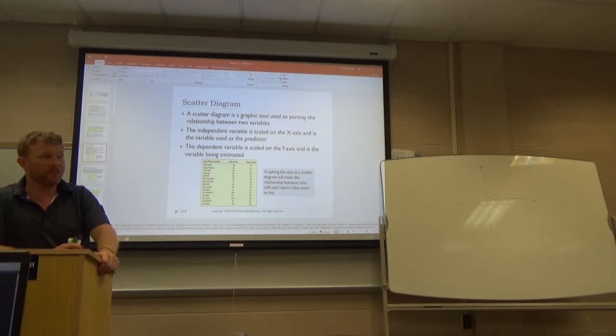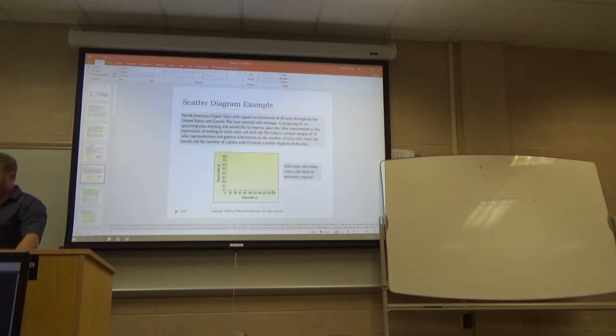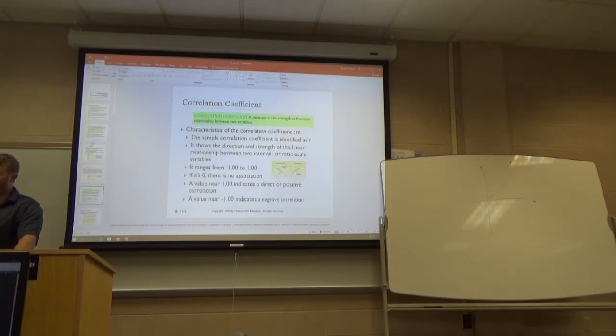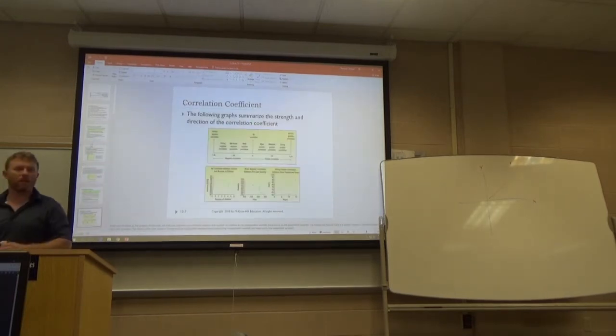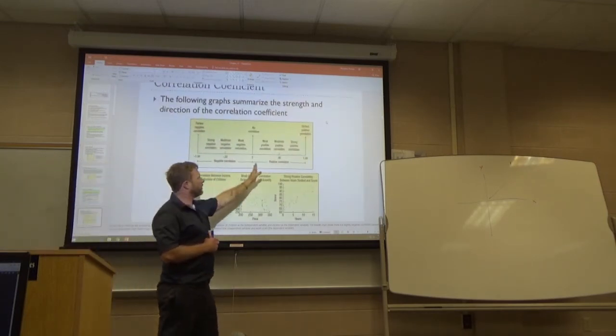But what's not subjective? If we came up with a number, using a formula to represent that strength and that direction. And we have that, don't we? It's called the correlation coefficient. Remember this? Falls between negative 1 and 1.